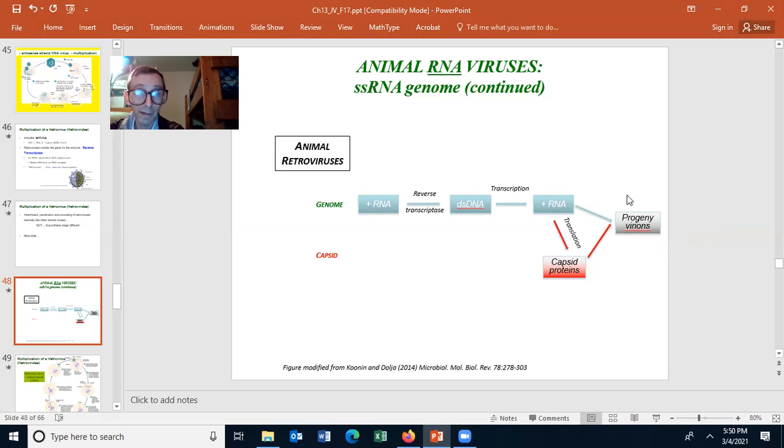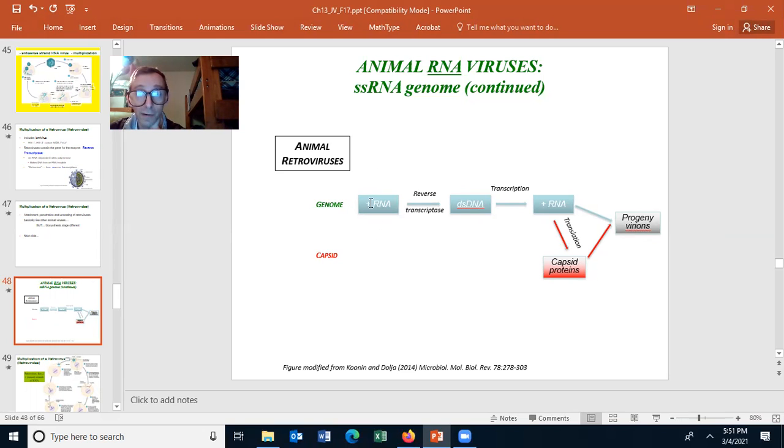These progeny virions will come up to a membrane in the cell and bud out of it, releasing the new virion of the animal retrovirus. Any questions about retroviruses? So you can see what makes retroviruses different.